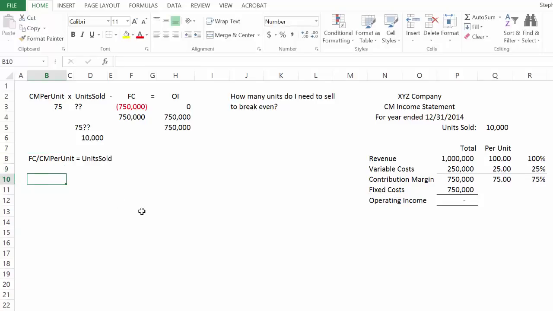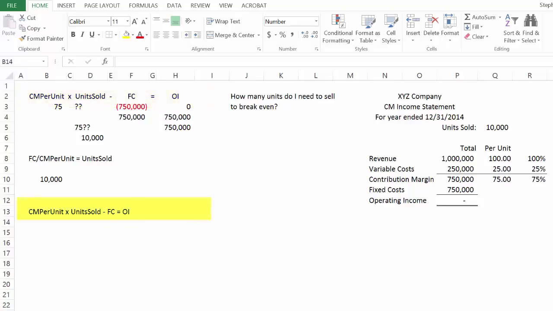So the fixed cost is 750,000. If I divide it by contribution margin per unit, that is 75, and that equals the 10,000 units sold. What I did is I rearranged the equation, the basic CVP equation, and I eliminated the operating income from it because operating income is 0.